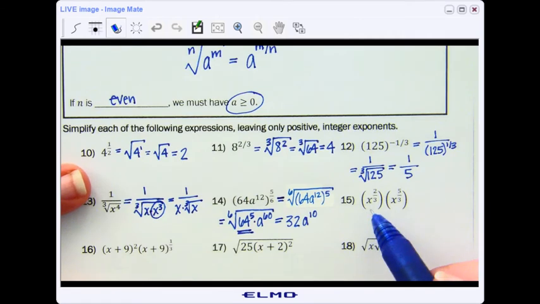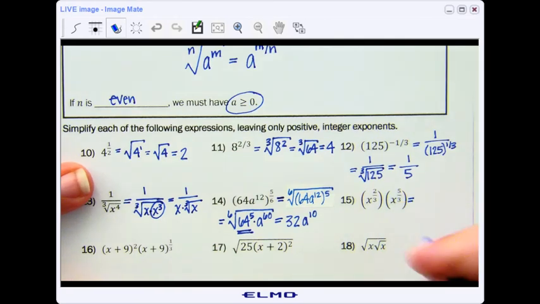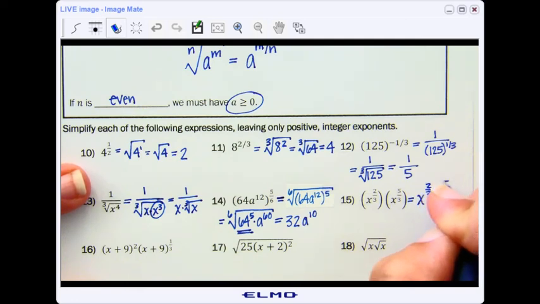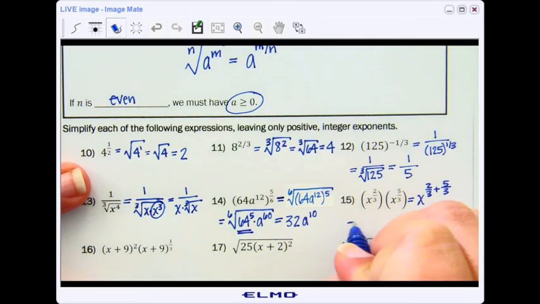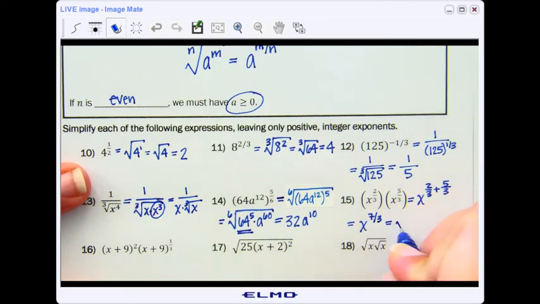And number 15, I'm multiplying. Whenever I multiply, I add my exponents. So this is x to the 2/3 power plus 5/3. Well, this is x to the 7/3 power, which means the cube root of x to the 7th.